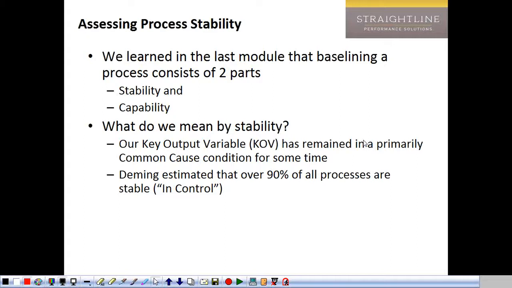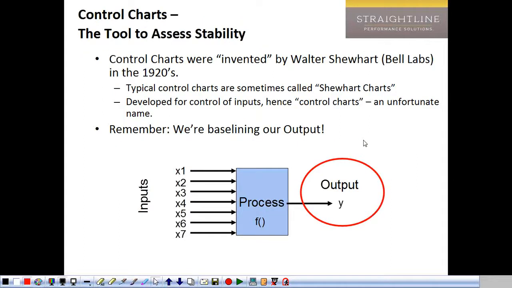And in a surprising number of times, you'll find that it is stable. It's just not very good. So if you don't know what you're doing, a lot of times it's a stable process because from the point of view of the customer, it's predictable that you're going to get bad results out of it. Either way, that's a bad thing.